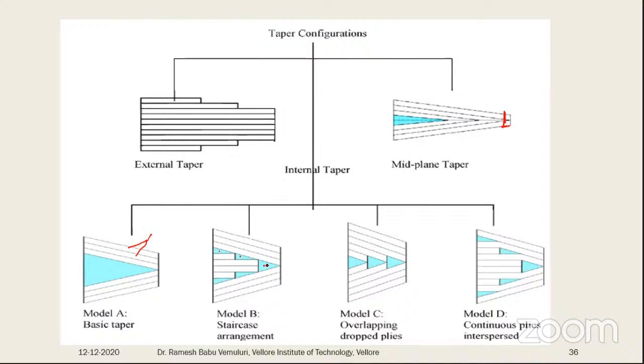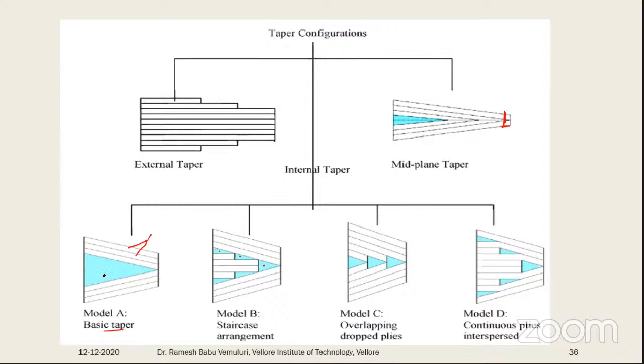The matrix is placed only at the core, in the middle, and in the remaining places there is no matrix. Then obviously these fibers cannot have a bond. So that's why this basic taper is not possible.